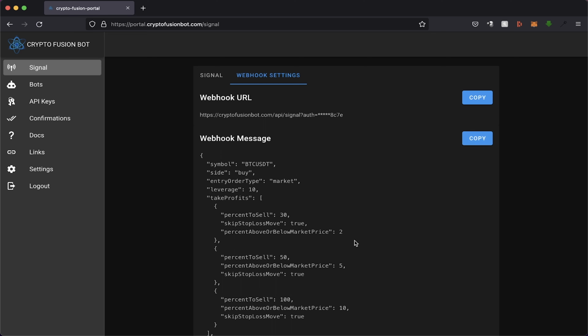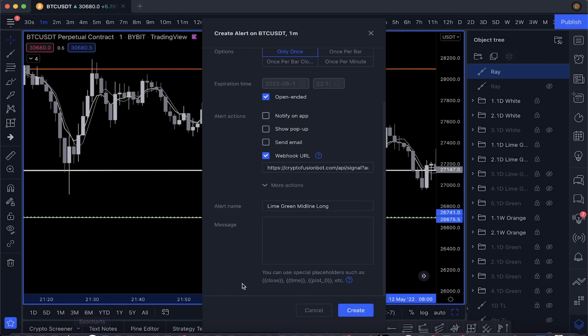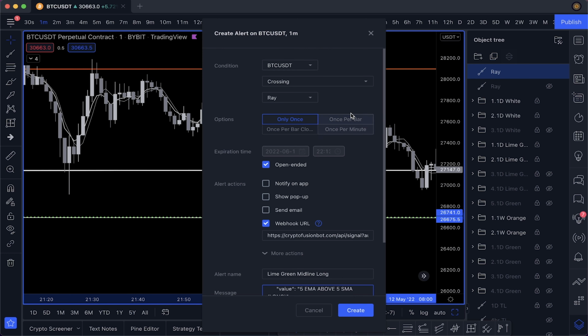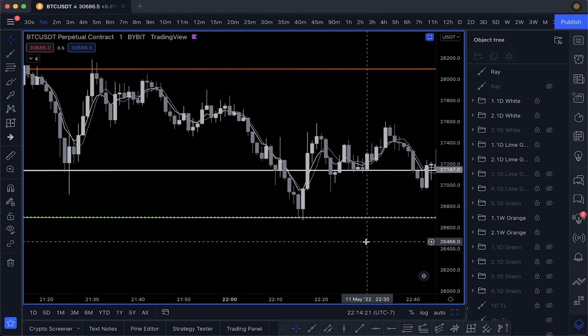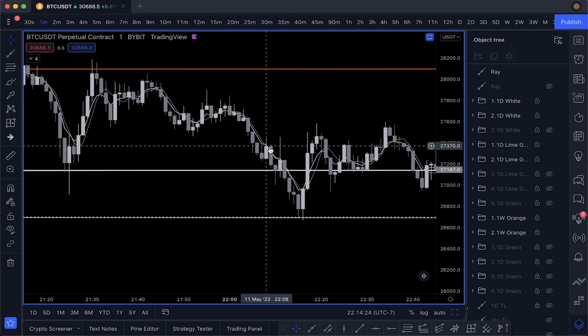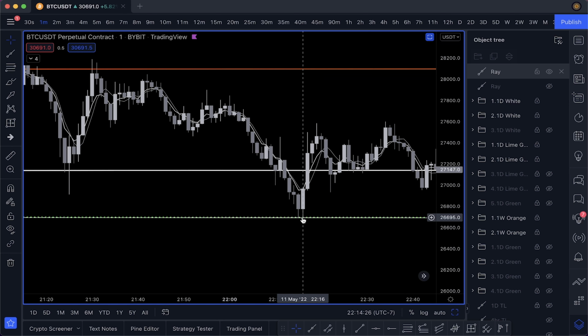We're going to go over here, copy our webhook message, paste it. Up here, we're going to have BTC crossing. We're going to go to only once, okay? Create. Boom.